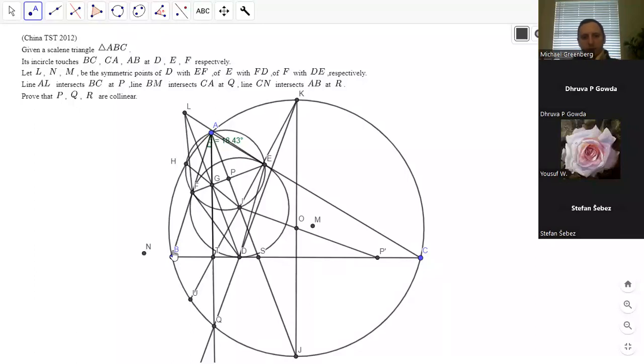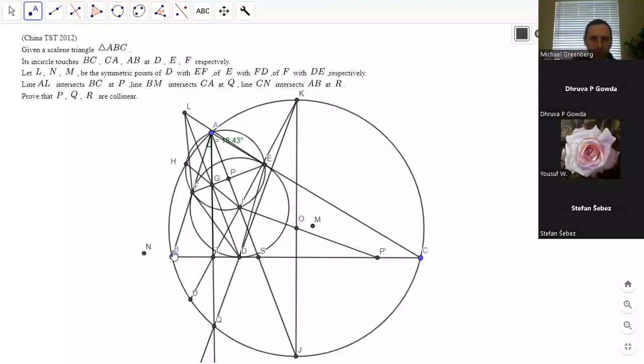BT over TC is UB over UC, since it's the angle bisector. And maybe you can calculate BT or TC using the angle BAT, actually BAG. But we don't want to bash. Yeah, there has to be a synthetic way.